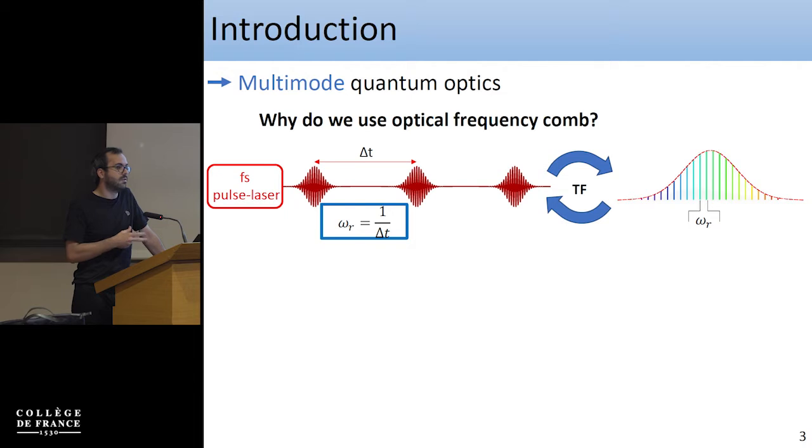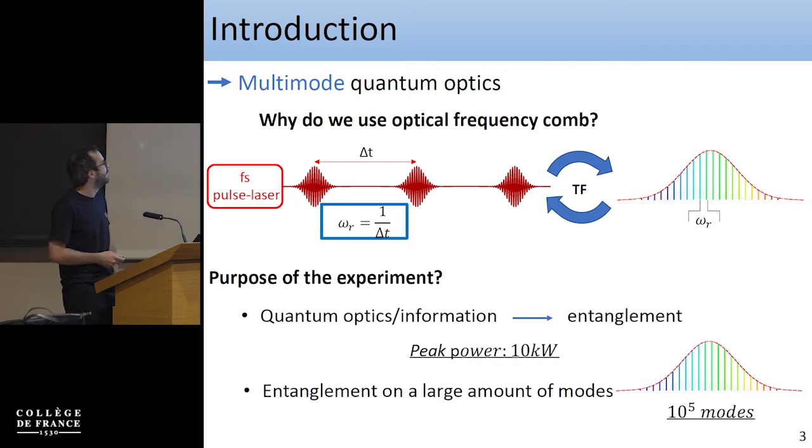In industry, you have pulsed lasers with different pulse durations and different repetition rates you can choose, and so you just have to buy it. And there is also another advantage.